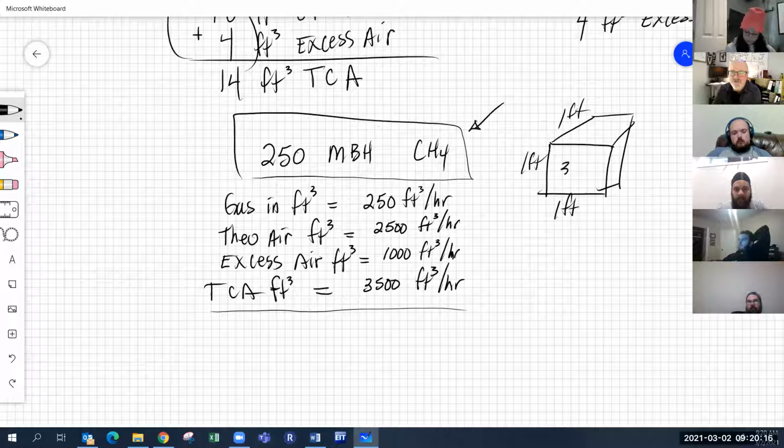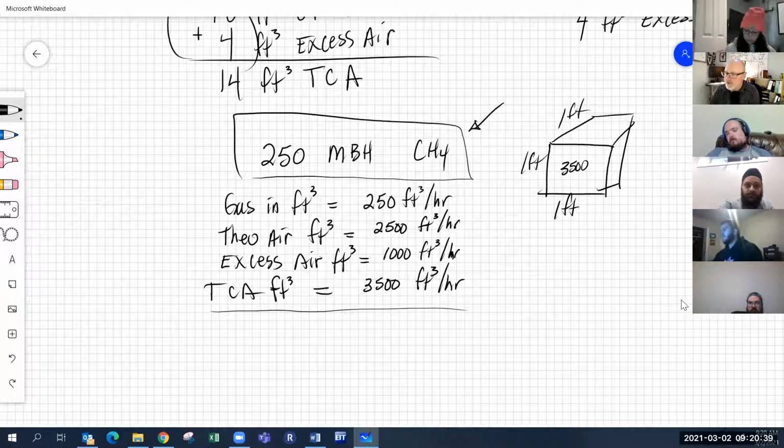You need 3,500 of these just to burn that much gas in 1 hour. So you can imagine the amount of airflow going through these appliances. And that's what I'm trying to get at: we need an incredible amount of air for these appliances. Let's do a couple more examples.